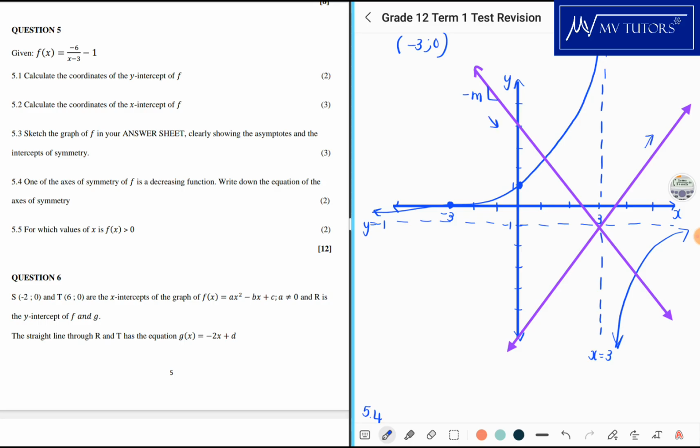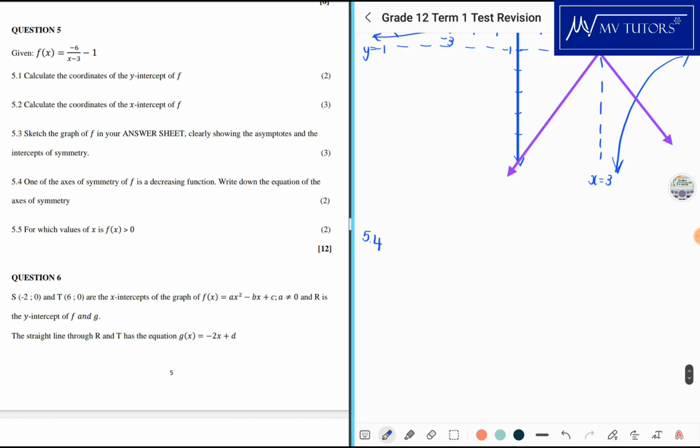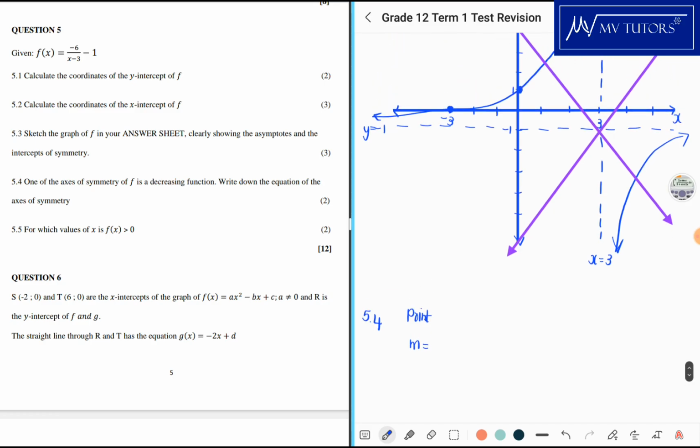So we're looking at the one with the negative gradient, and we need to get the equation. What do we need for that? Firstly, we need a point, and then we need the gradient. The nice thing about the hyperbola is that your gradient is either 1 or -1. Since we have a decreasing function, we're going to definitely choose -1.